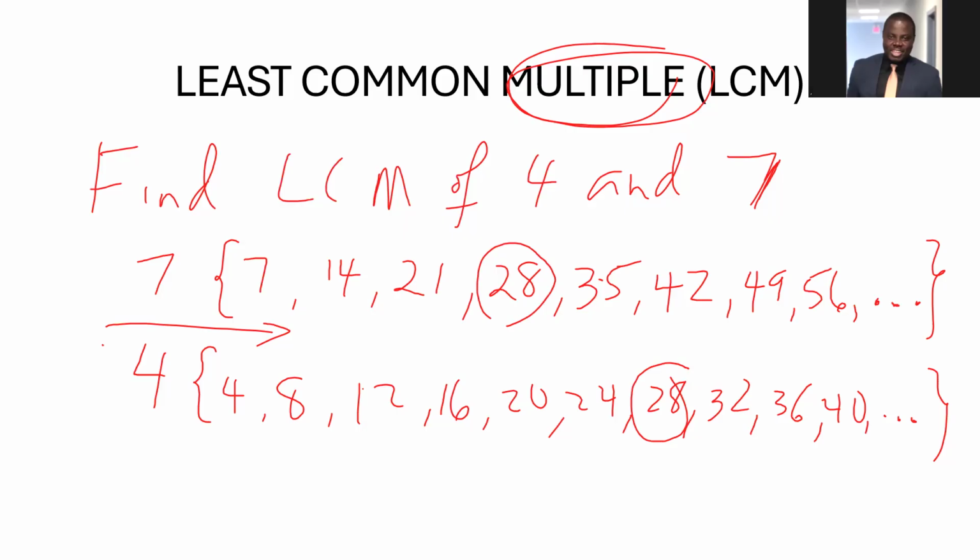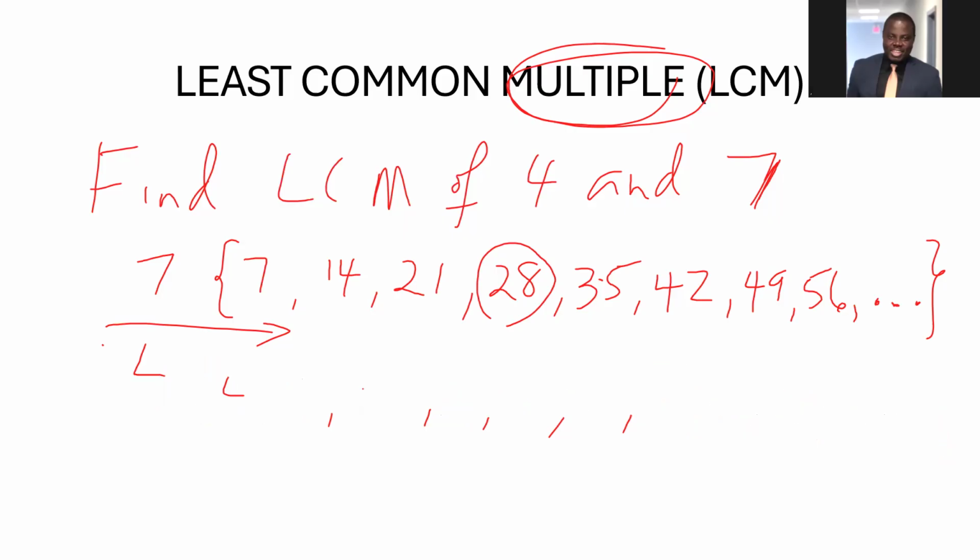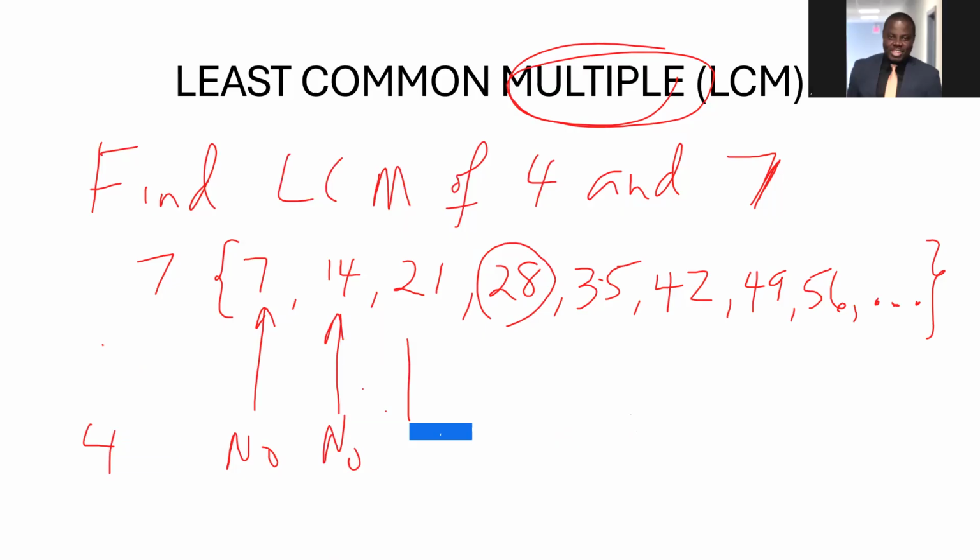Now, if you think about this, you could also have decided to erase the multiples of 4. And then, if you remember your multiples of 4, you're going to start. Is 7 a multiple of 4? Nope. Is 14 a multiple of 4? Nope. Is 21 a multiple of 4? Nope. Is 28 a multiple of 4? Yes.